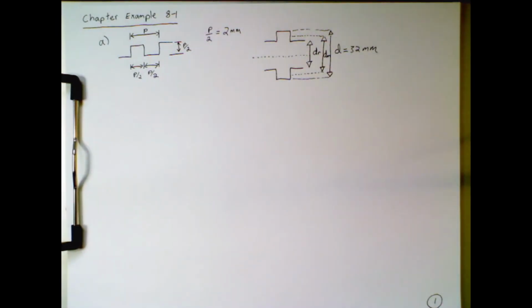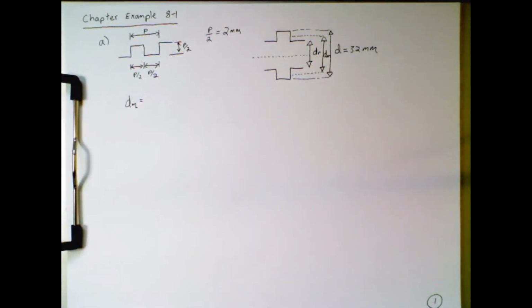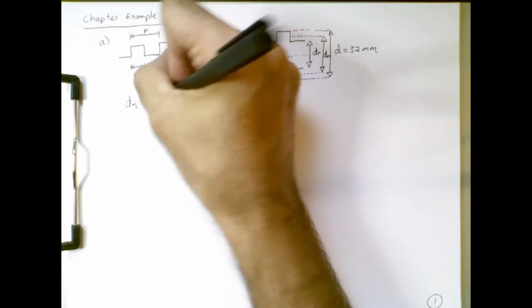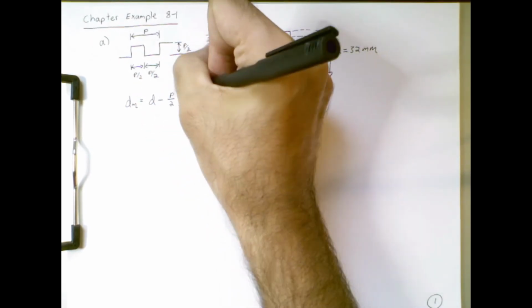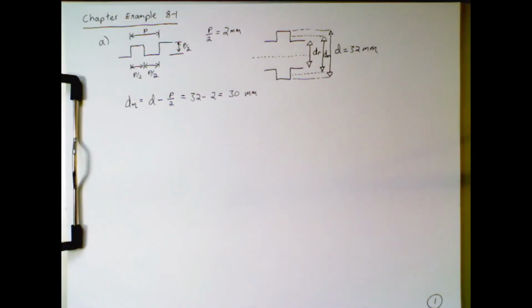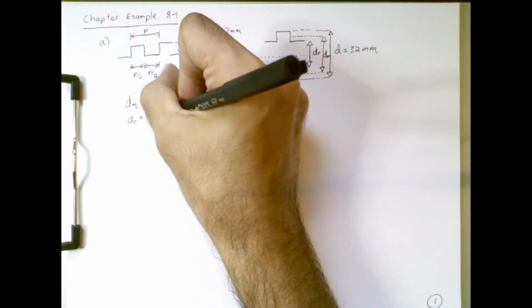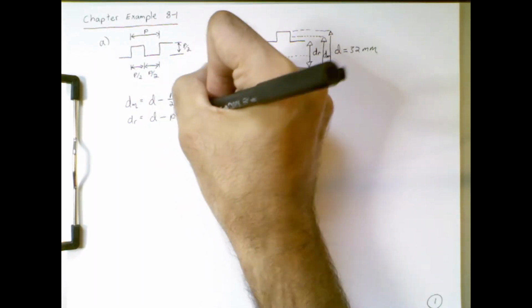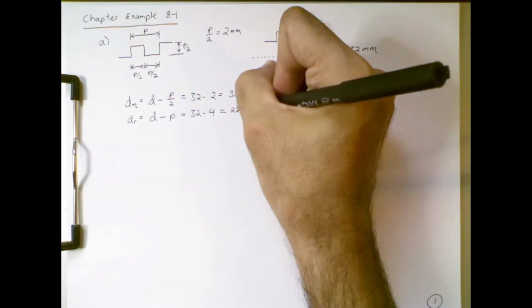And that is the mean diameter. The mean diameter, we can see from this drawing, is the major diameter minus the pitch divided by 2, or in this case, 30 millimeters. The root diameter is the major diameter minus the pitch, 32 minus 4, or 28 millimeters.